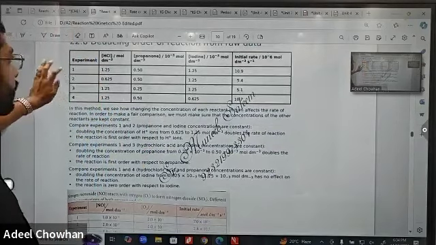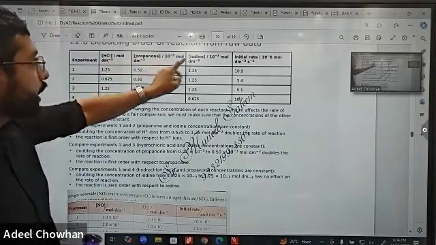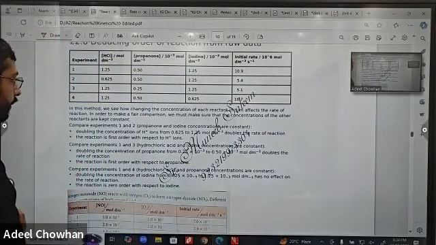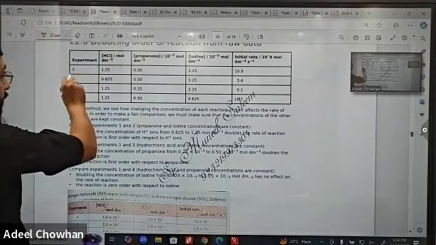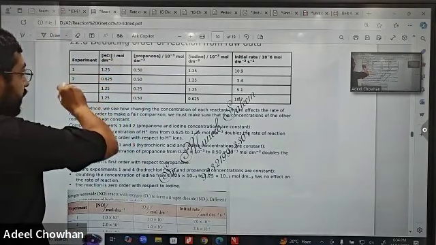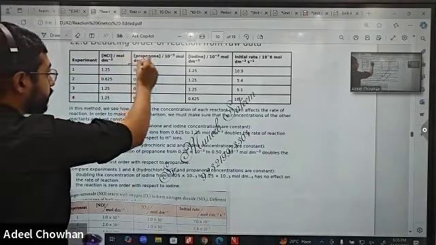So let's suppose we have the HCl, propylene, and iodine. There are three reactants. In this case, if we take the first and second example, experiment number 1 and 2, which reactants are showing constant values? The propylene.